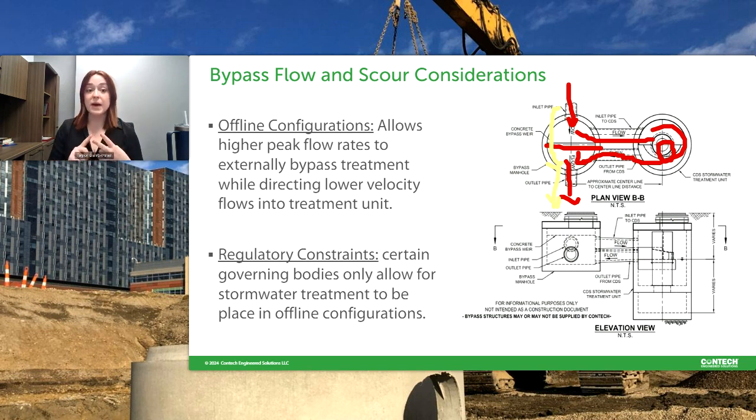I'm going to be doing the bypass capacity calculations to find out where that hydraulic grade line is for the treatment flow. Then I'm going to be working with that engineer to see if they need a structure beforehand as well as a structure afterwards, or can we combine it into one configuration, which is called a horseshoe configuration.